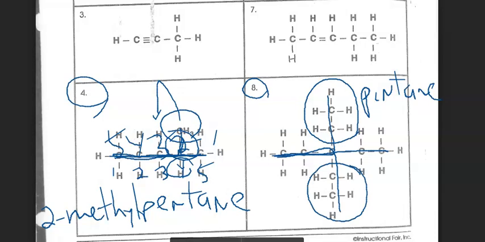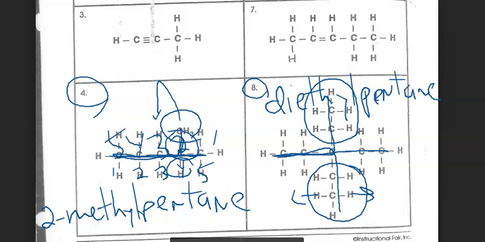Now, we don't call it ethyl pentane. Instead, we're going to use the prefix di. So this is diethyl pentane. I don't need the number 3 here because this is the only place it could be. If I move it over to the left or to the right, it would be longer than 5 and it wouldn't even be named pentane anymore. So this is diethyl pentane.